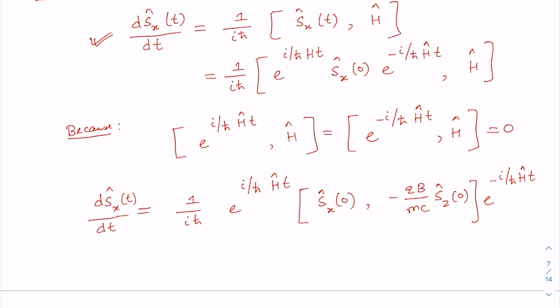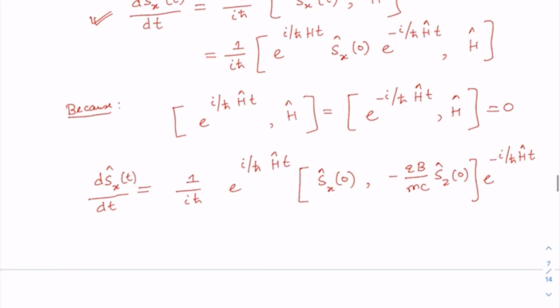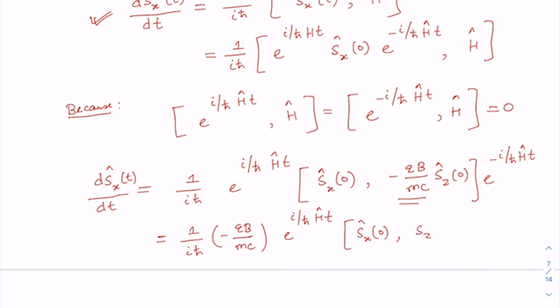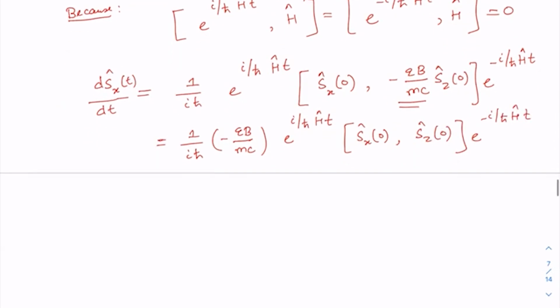This I can write. Now I have 1 by iħ. Let me take this out. So I have minus qB by mc, e to the power iHt/ħ, the commutator of Sx(0) and Sz(0), e to the power minus iHt/ħ.